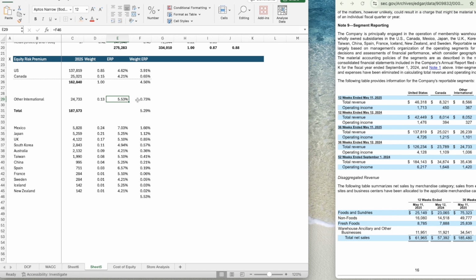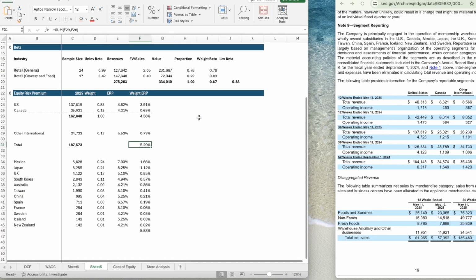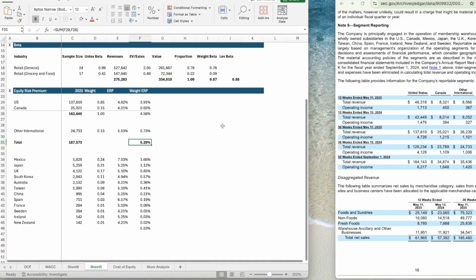So as other international is such a small part of total revenue, we then weight it to what it is to that, and that is going to give us a total risk premium when you add the 4.56 plus 0.73, and that gives us 5.29%. And that is our total risk premium for the company.